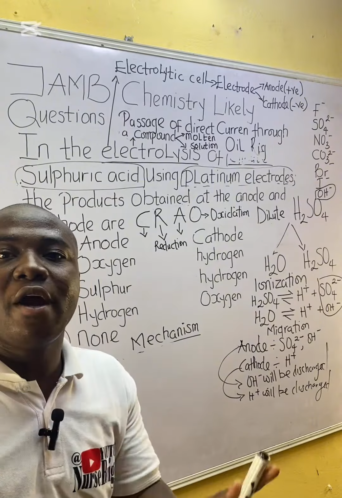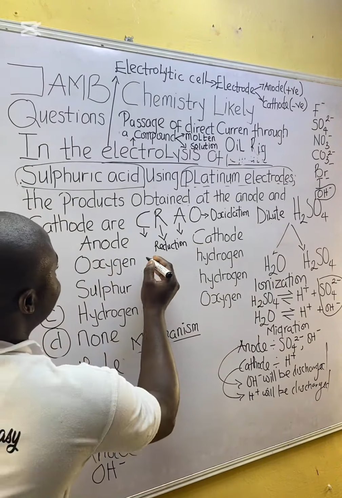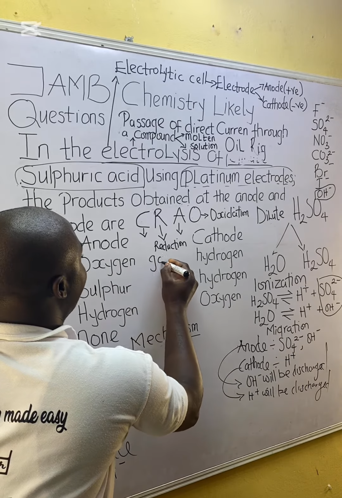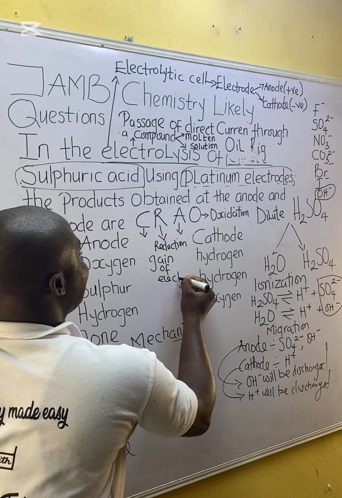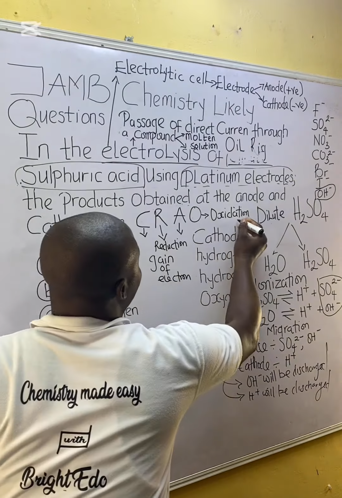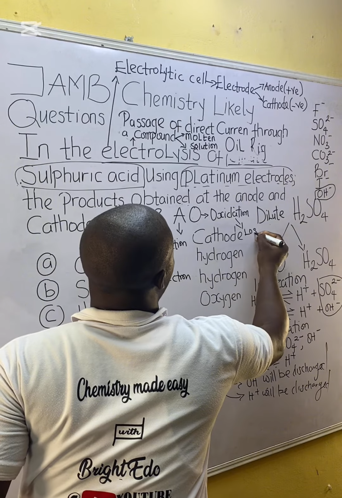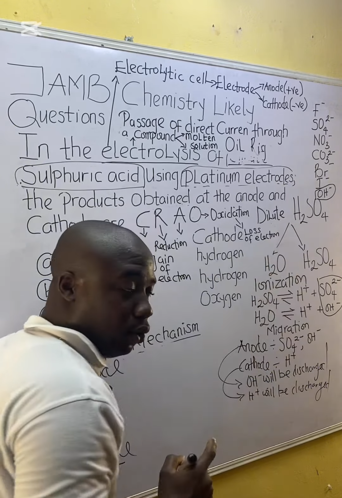Now, it is very, very important we note here that in reduction, there is gain of electron. In reduction, there is what? Gain of electron, whereby in oxidation, it is the opposite. There is loss of electron. This must be noted.